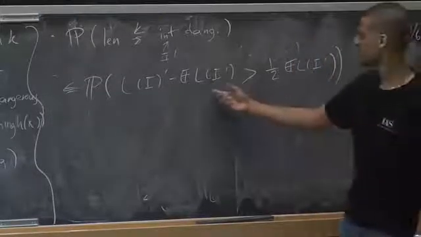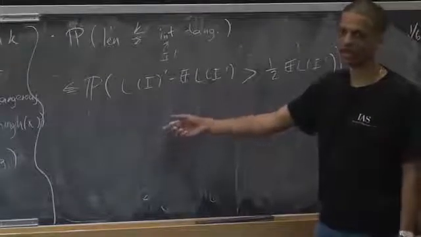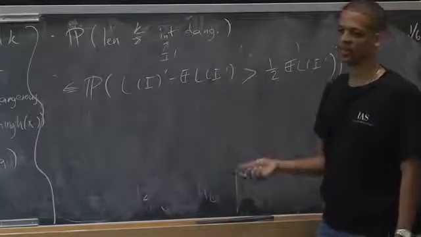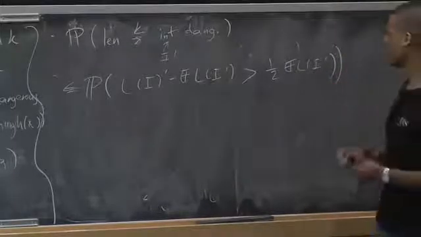Right, we expect I prime over 2 people there, but we got 3 I prime over 4, which deviates from the expectation by half the expectation.